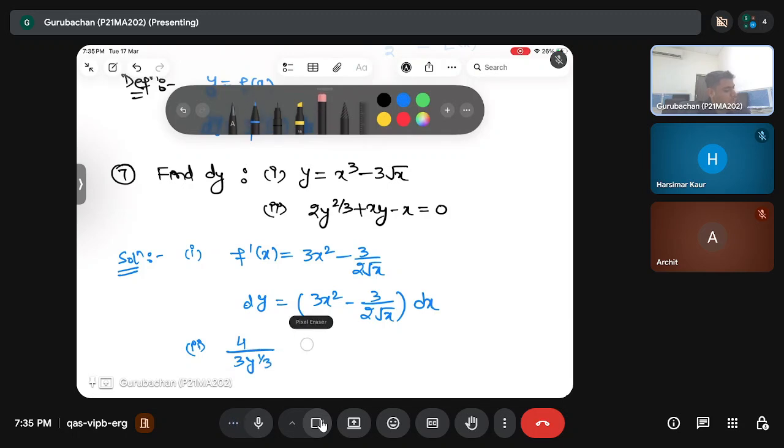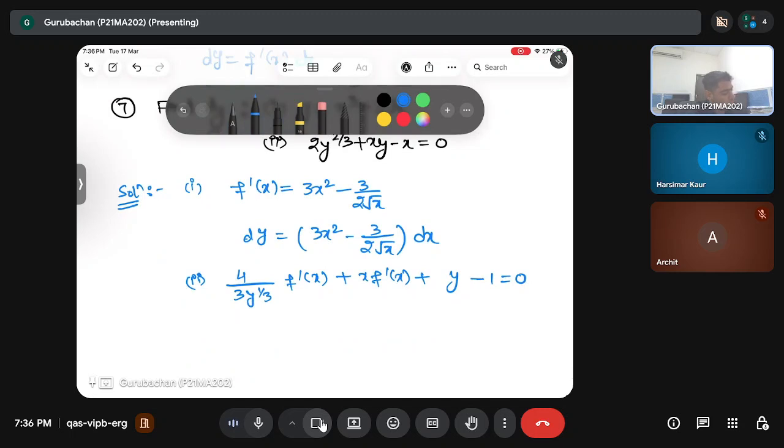Let's say here, since we are treating y as a function of x, f dash of x plus x f dash of x plus fx minus, so fx means simply y minus 1 equal to 0.